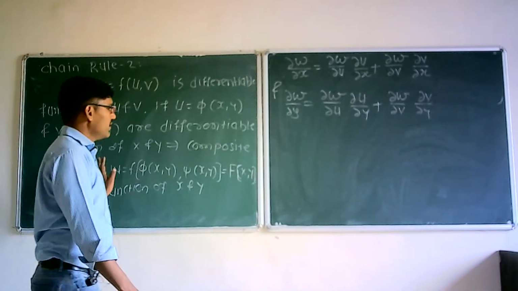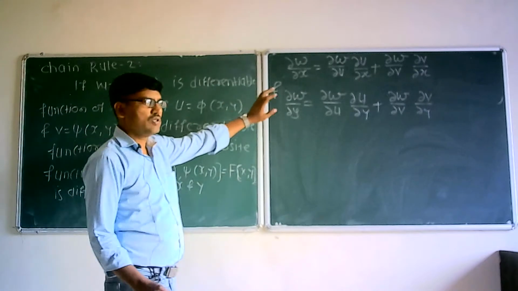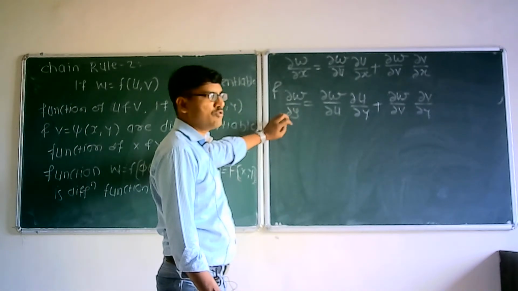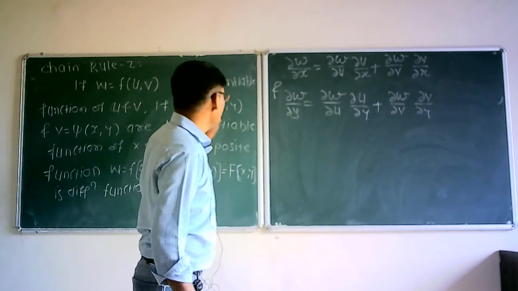So in this theorem we are going to prove these two results, that is, the partial derivative of w with respect to x and the partial derivative with respect to y, by using chain rule number 2.